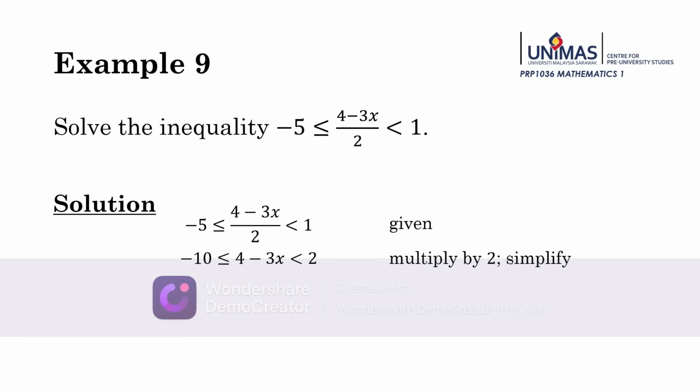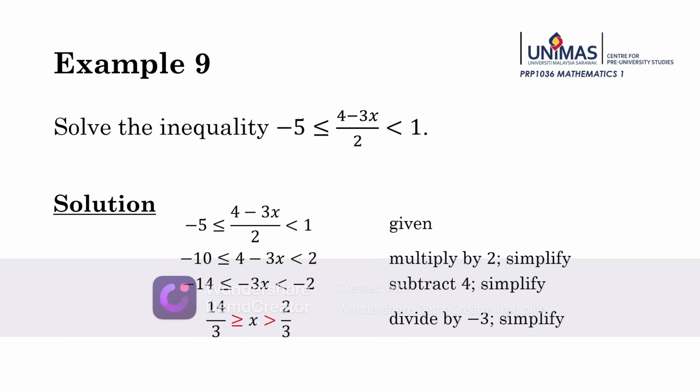All the terms we multiply with 2, and here is what you get. Then we want to neutralize the value of 4 in the middle, by subtracting 4 from the left hand side, middle, and right hand side.